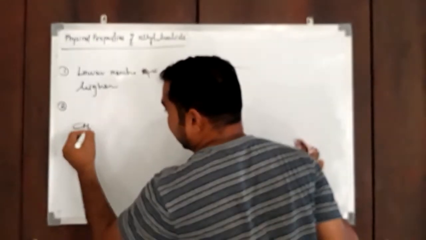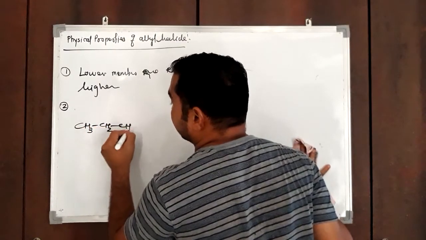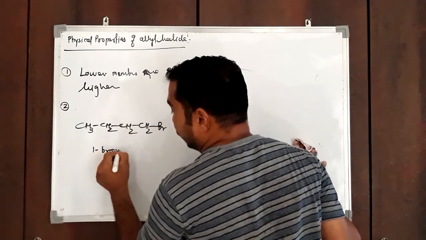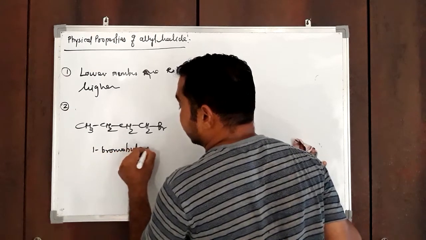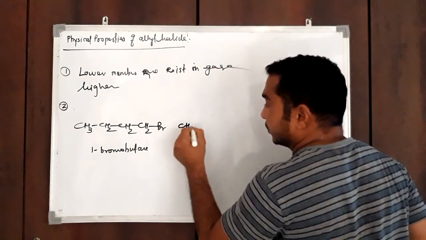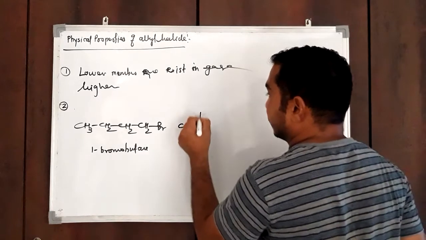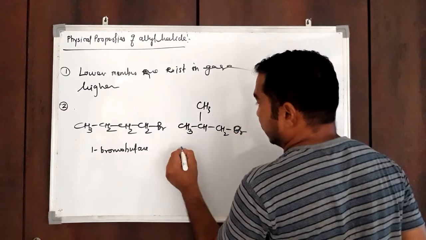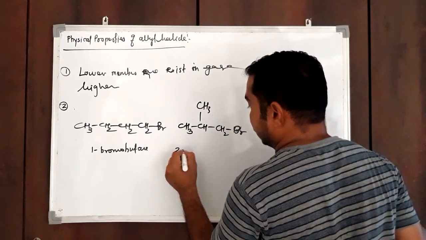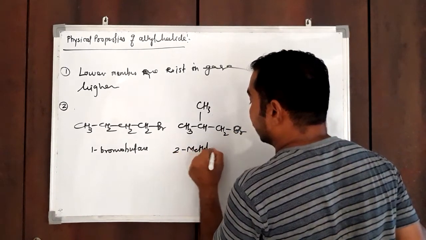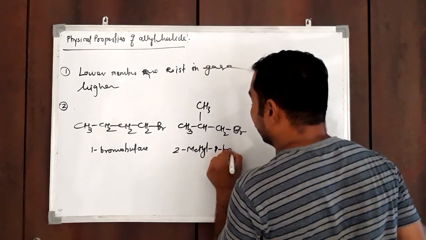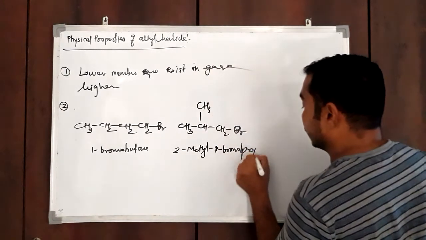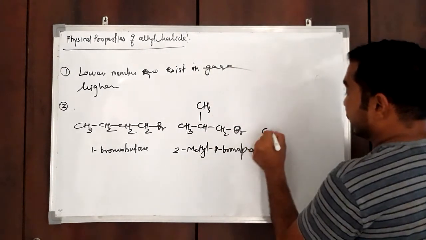see, this is 1-bromobutane. Second one, 2-methyl-1-bromopropane, and tertiary butyl bromide.